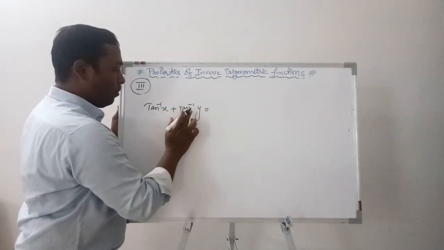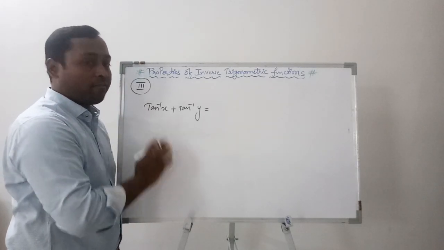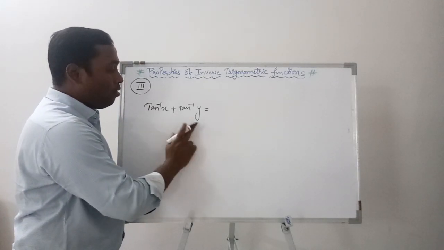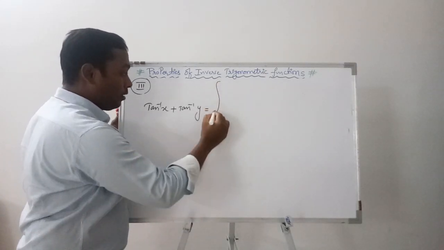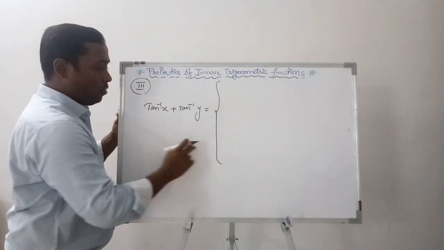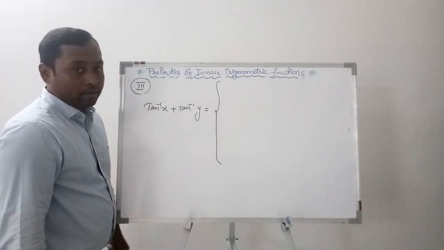Here, while applying these formulas, we have to be very careful about the values of x and y. Why? Because three cases arise while applying these formulas, depending on the nature of x and y.